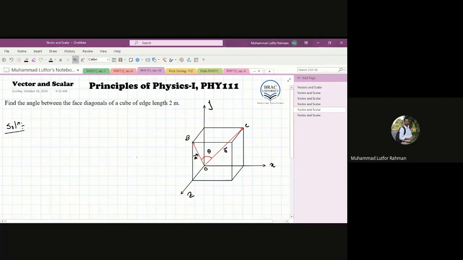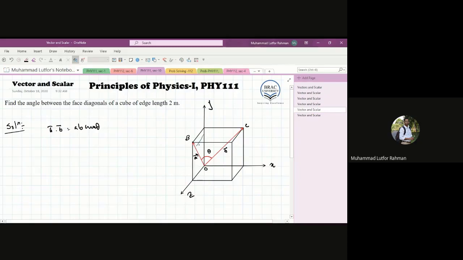So look at this. First, if I can express these vectors A and B, then I'm going to use that formula to find out the angle, A dot B. A dot B would be basically AB cos theta. That formula I'm going to use. Now I know this YZ plane, I'm going to use a different color so that you understand.